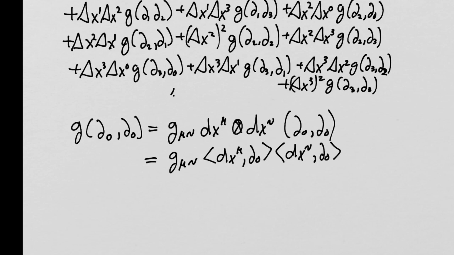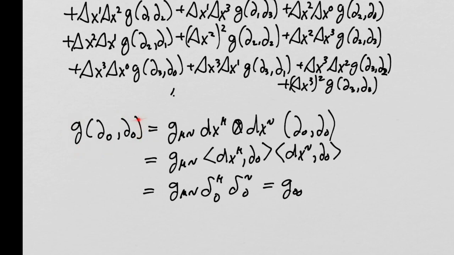The mapping consumes these two maps. These two maps consume these two vectors, giving you these real numbers. So that's the dual space mapping of a basis vector and a dual space mapping of a basis vector. So these guys end up being delta functions. And you get this almost trivial answer, right? These delta functions enforce mu and nu to equal 0, and you get g00.